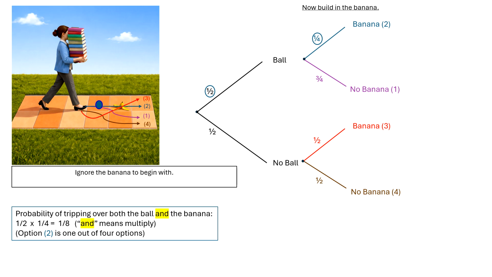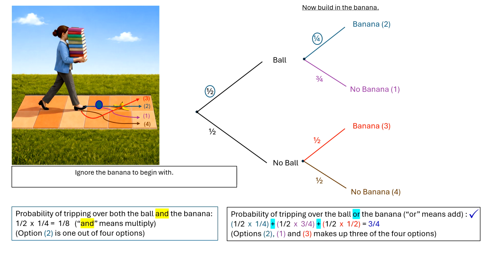And now let's work out the probability the teacher trips over either the ball or the banana. There's quite a bit of calculation for this one, so I'll just explain with some of the color coding. So first we had the probability of tripping over the ball and the banana, which is 1 in 2 times 1 in 4, which is 1 in 8. But then we also have, going up a different combination of branches of the tree, a 1 in 2 chance of tripping over the ball and not tripping over the banana.